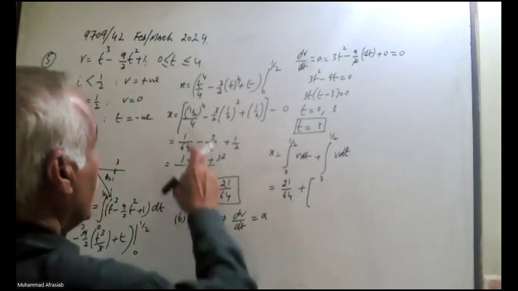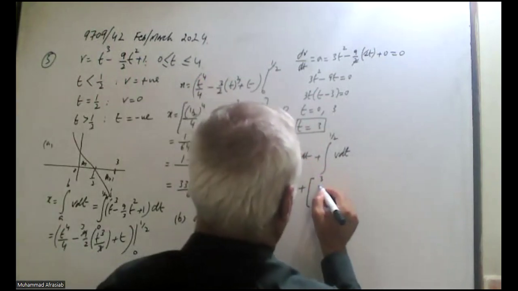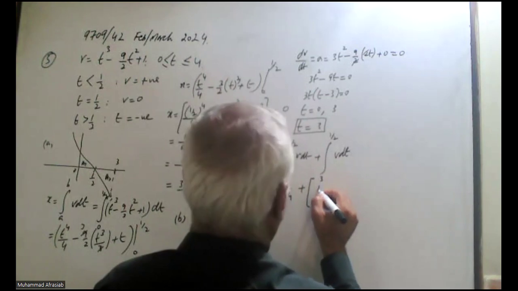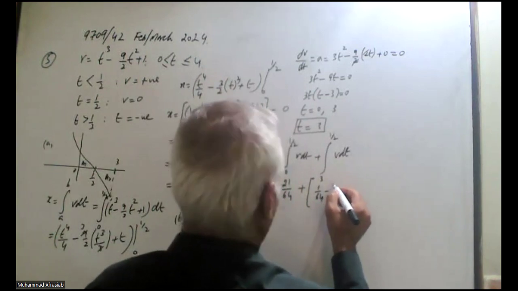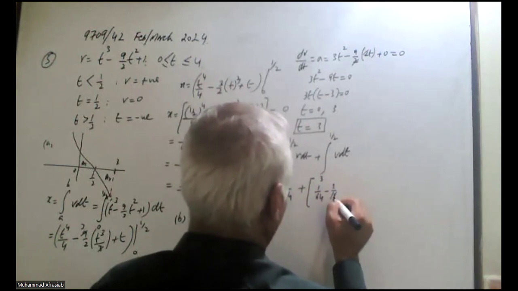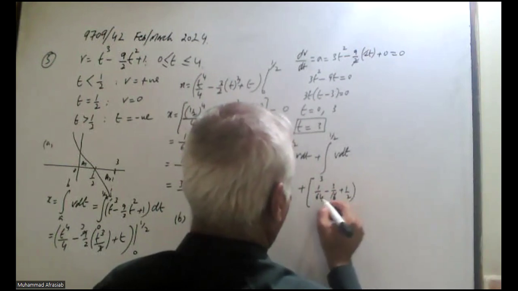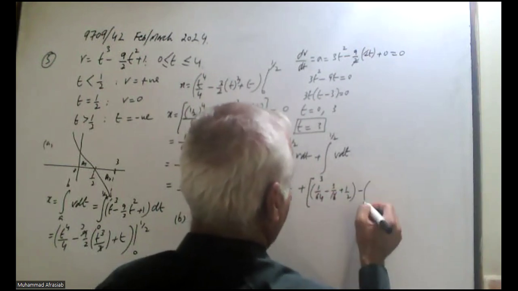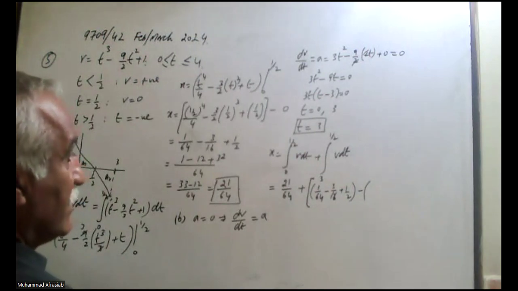From the same equation, if we put the upper limit, it should be 1 over 64 minus 3 over 16 plus half, minus, now you put the value t is equal to 3 in it.